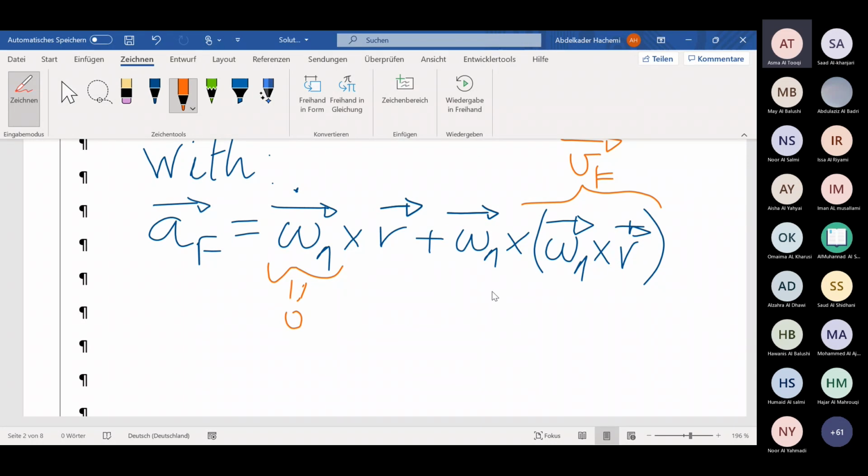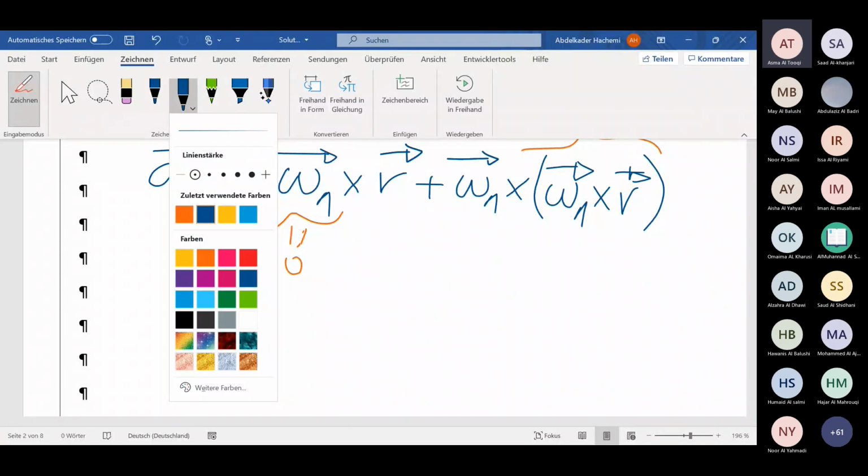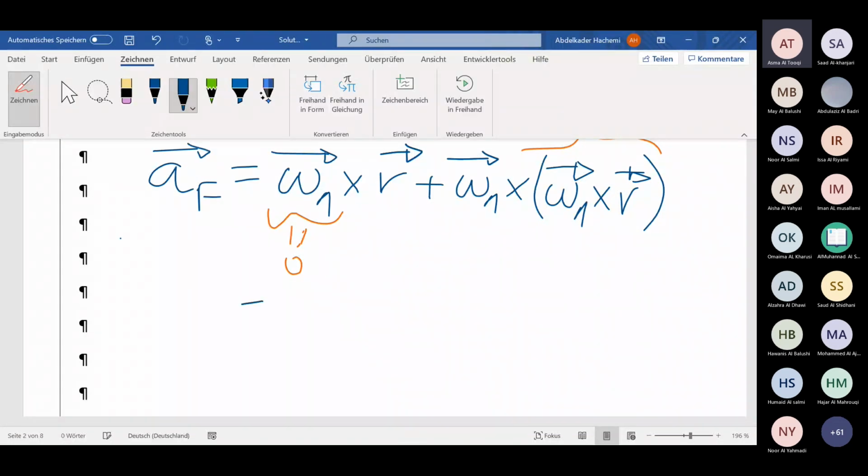Now, if we make AF, this will be equal to the vector here, or I simplify it now so that we will not lose the expression, the way that it's here, VF.